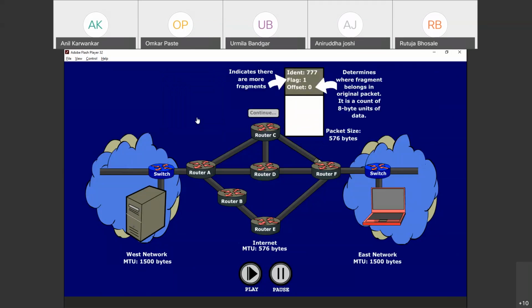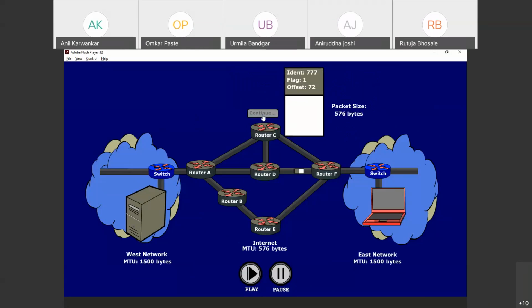So at the destination end, if this particular packet is received and the flag, one of the components of that packet, is set to 1, the receiver will know that there is more than one packet which has been fragmented in the network itself, and then at the receiver's end all those fragments must be received. Then only the defragmentation of the packets can be done at the destination end.